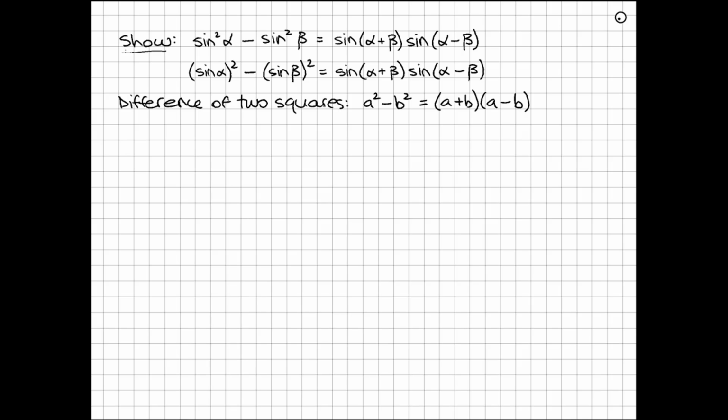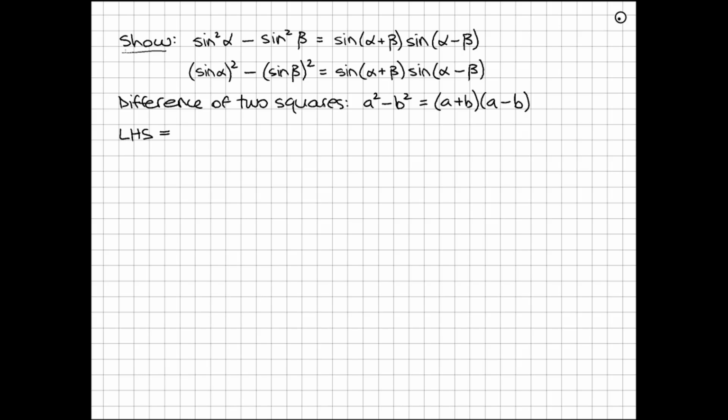The way we'll try and prove this result, we'll start from the left-hand side and do our manipulations to get from this left-hand side to the result on the right-hand side. We can begin by using our difference of two squares result, and wherever we see a and b, we can put sine alpha and sine beta, since we're dealing with sine alpha all squared and sine beta all squared.